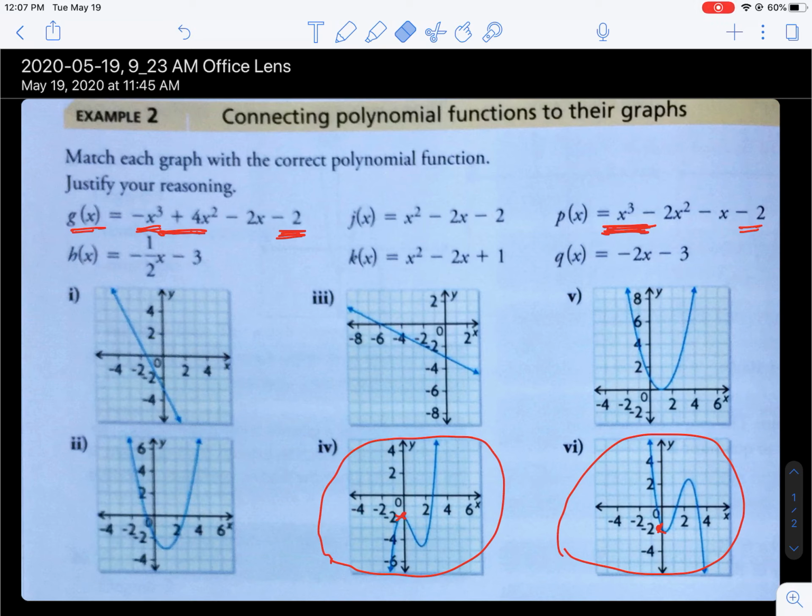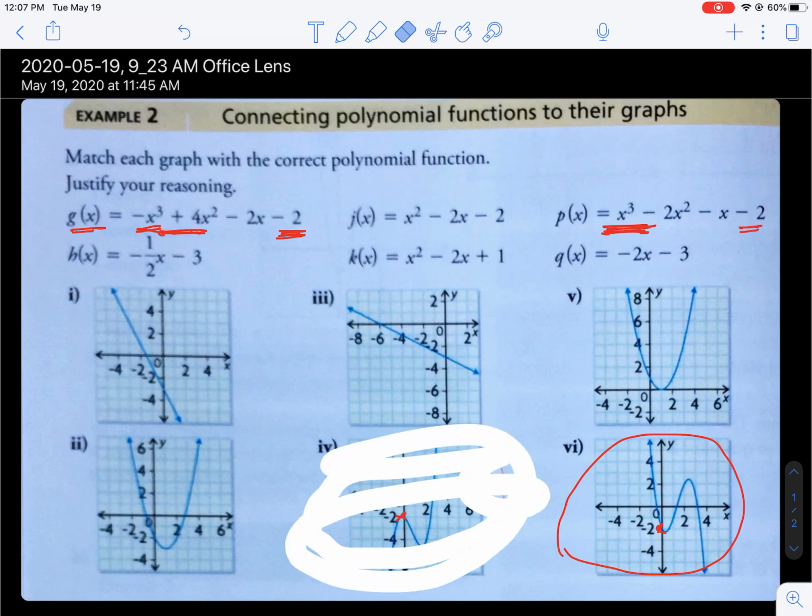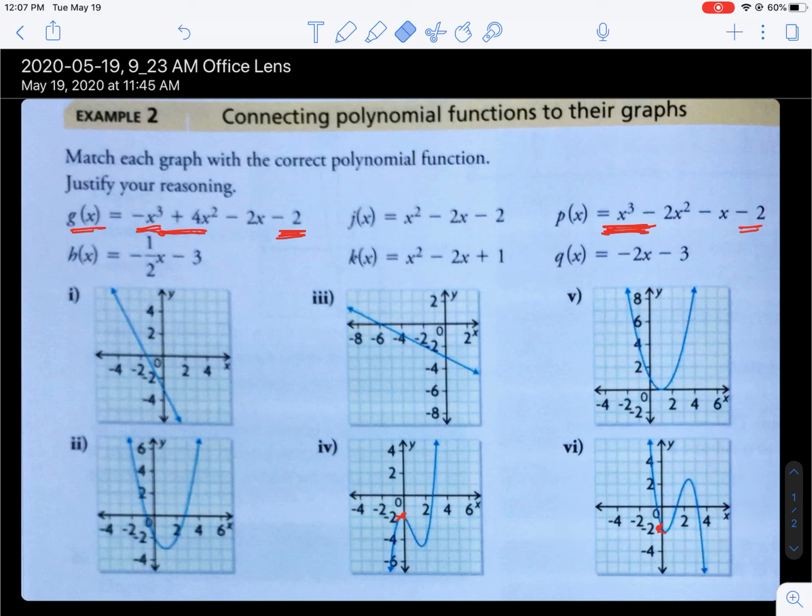And graphs always extend from the left quadrants to the right quadrants. So you can have, okay, this is our quadrant 1, this is 2, this is 3, and this is 4.